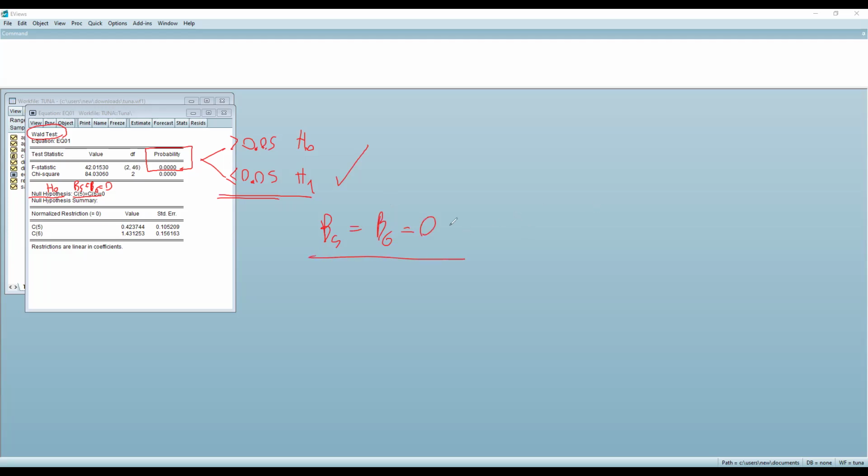It is not true. So you can write beta 5 equals beta 6 equals 0 is not true, which means advertisement affects sales. Sales only, not the price.